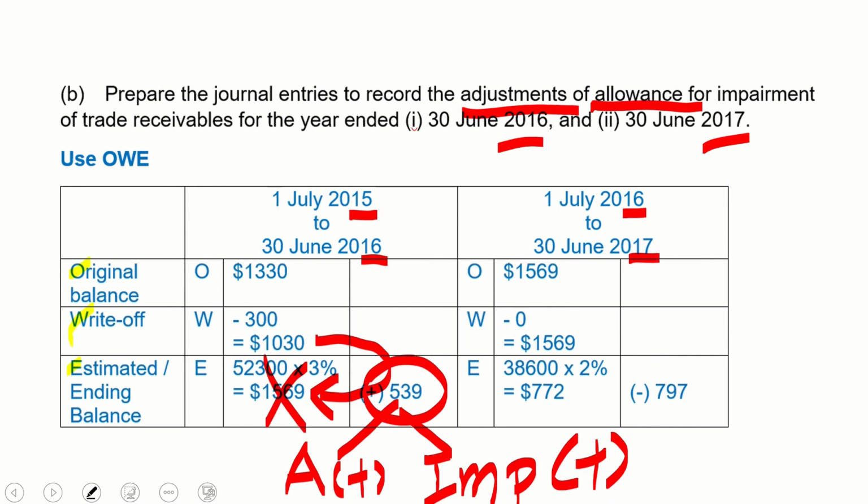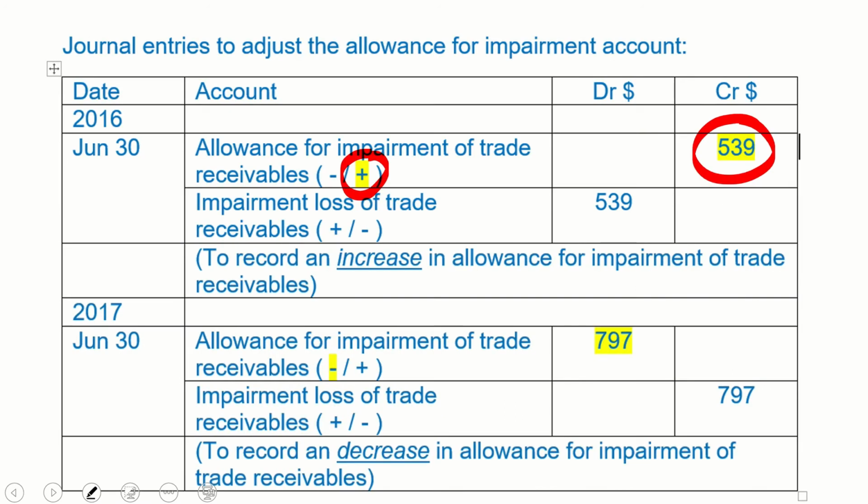You are not increasing the allowance by 1569. You are only increasing it by 539. So you increase your allowance by 539 and you increase your impairment loss, which is an expense, by 539 as well.